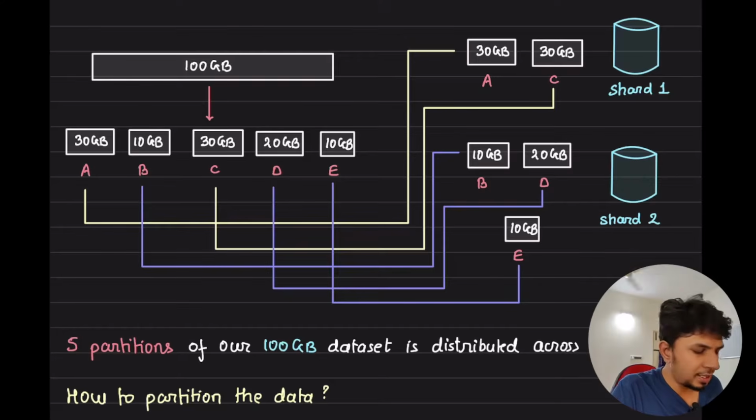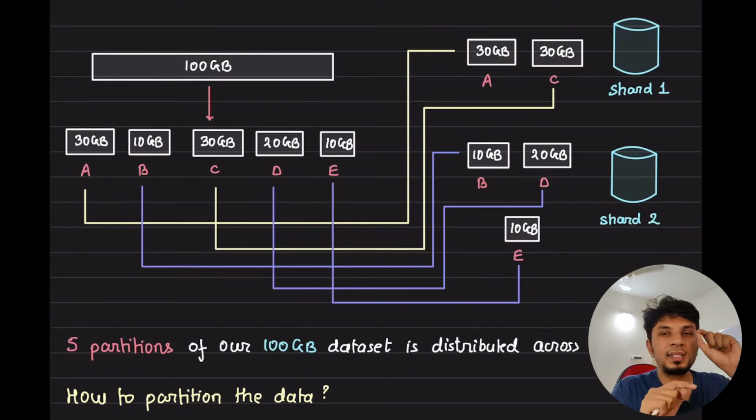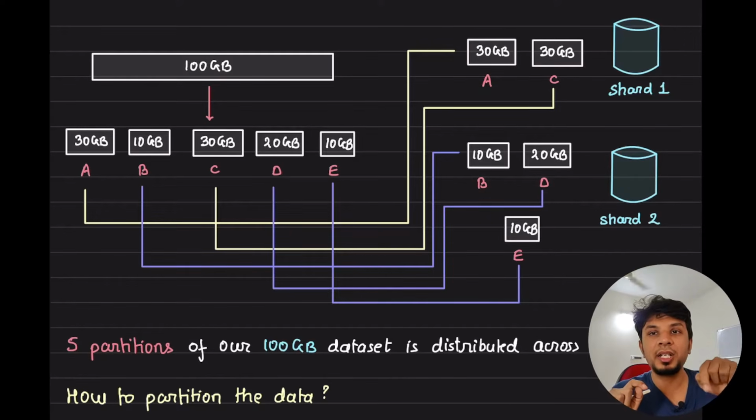So what I can have is partition A and C going on shard 1, while partition B, D and E are on shard 2. Whenever a request comes in, we need to know where this data lies. Is it part of partition A, B, C, D or E?